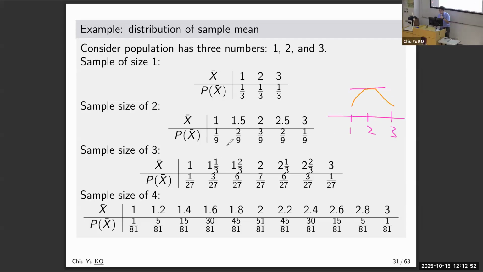And 3 looks like this, and 4 looks like this as well. And you can imagine if I have a larger sample size, it would be very similar to what you see here. So that ends in the bell curve.